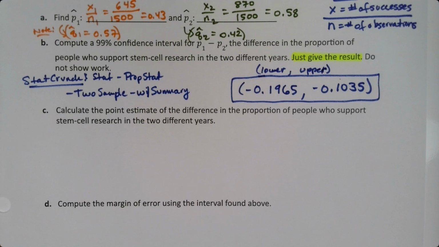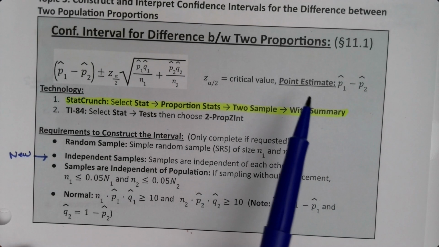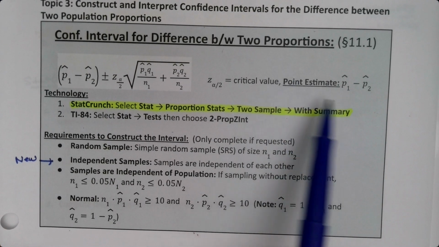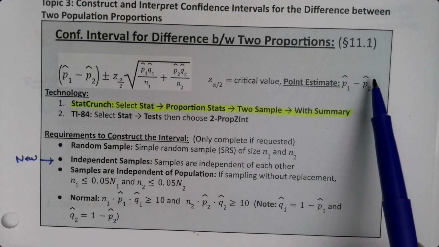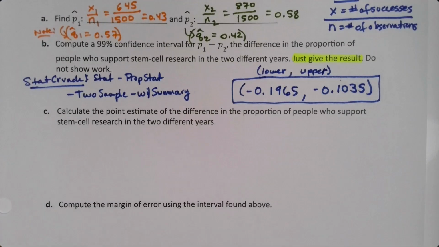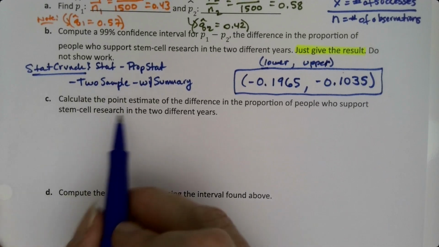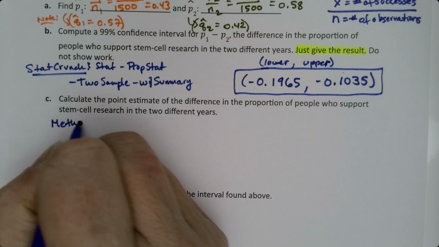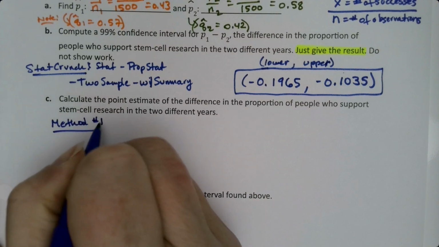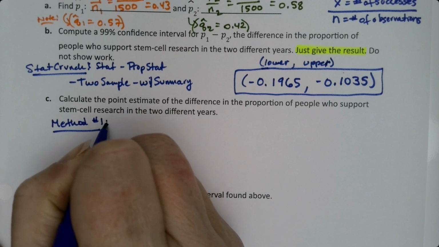All right, now let's remind ourselves how to calculate the point estimate of the difference in the proportions. So at this point, we can do this two ways. So one, the point estimate is a known thing. It says it right here. It's P1 hat minus P2 hat. So we could just do it that way. And I'm going to have this work this in two different ways. So method one would just be using the definition, right?